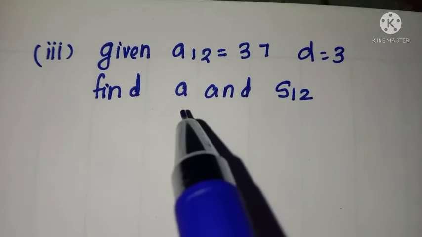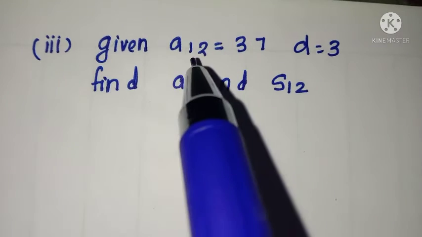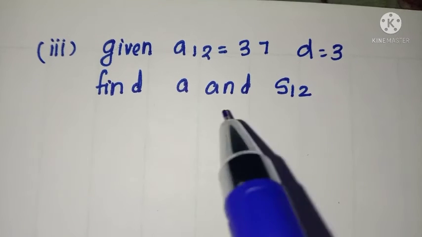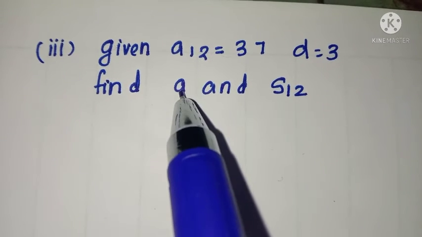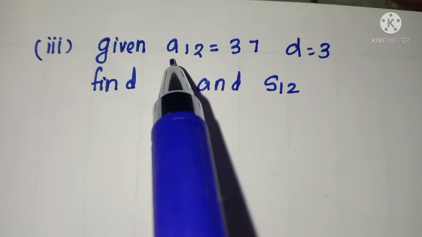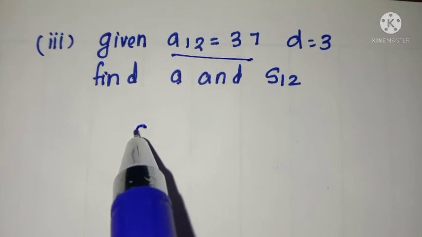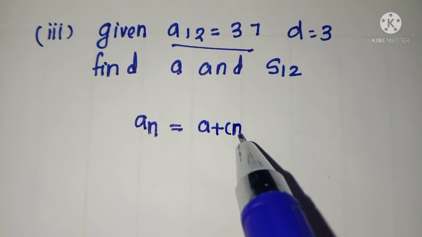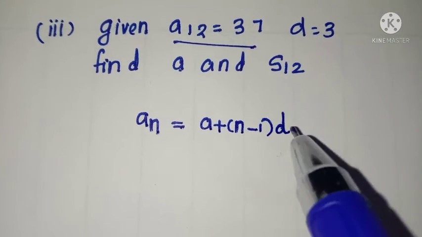Now question number 3. Given a12 is equal to 37, d is equal to 3. Find first term and sum to 12 terms. So let's start from here, a12. So use the result an. an is a plus n minus 1 into d.